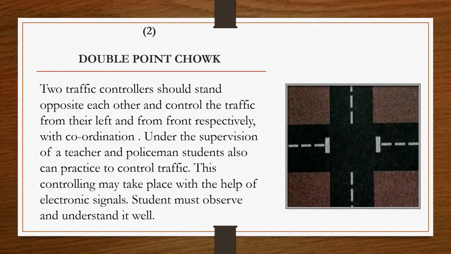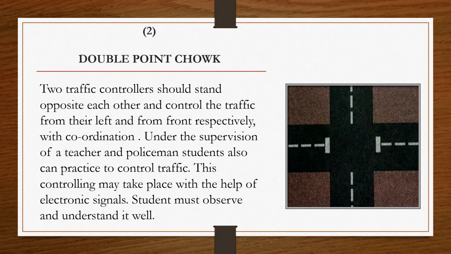Number 2. Double point chalk. Students, please refer to the given image. 2 traffic controllers should stand opposite to each other and control the traffic from their left and from front respectively with coordination.